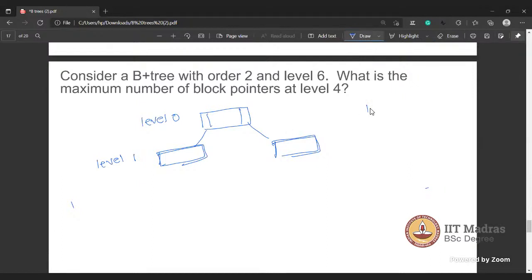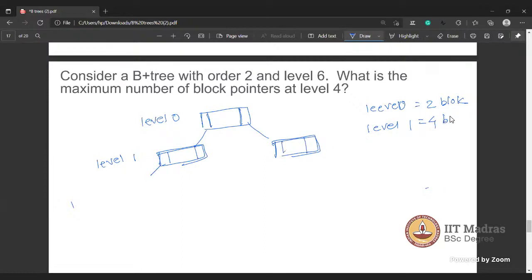Level 0 has a 2 block pointer, right? After that, level 1 has a 4 block pointer: for the left side there is 2, and the right-hand side there is 2.